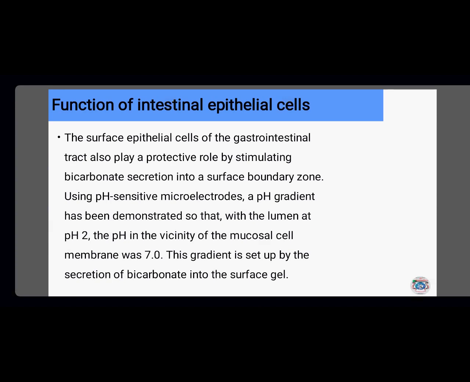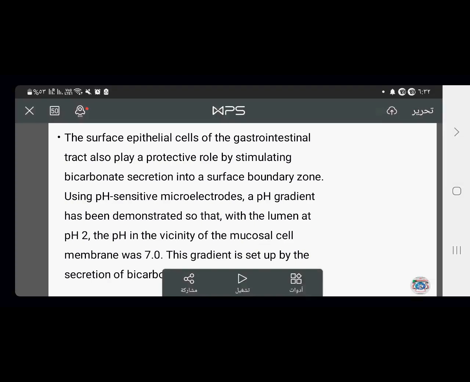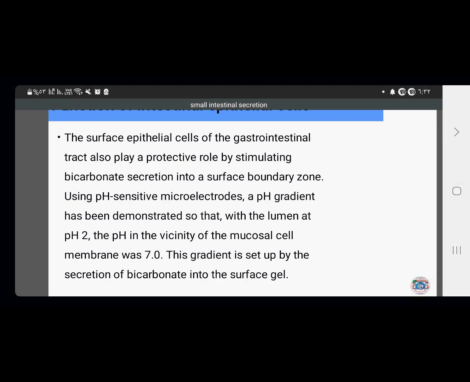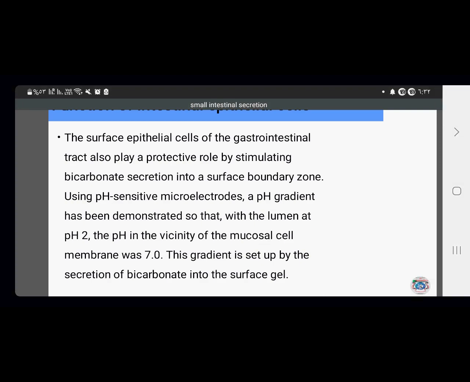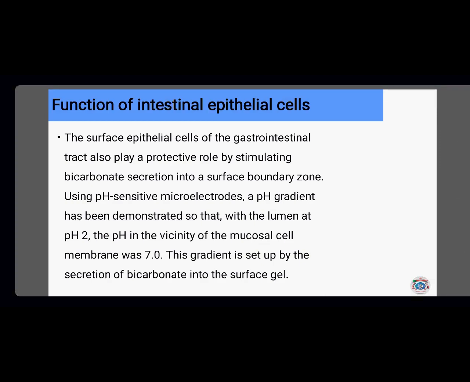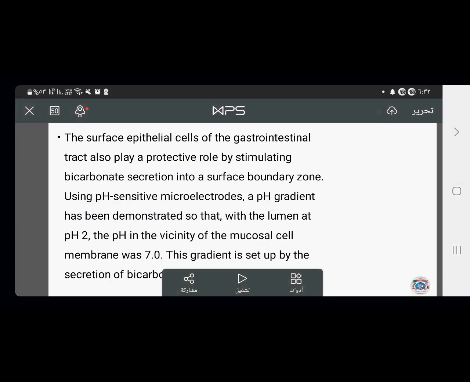Using a pH sensitive microelectrode, a pH gradient has been demonstrated so that with the lumen at pH 2, the pH in the vicinity of the mucosal cell membrane was 7. This is a huge difference, because in the presence of the bicarbonate, the pH is increased to reach 7 from 2.